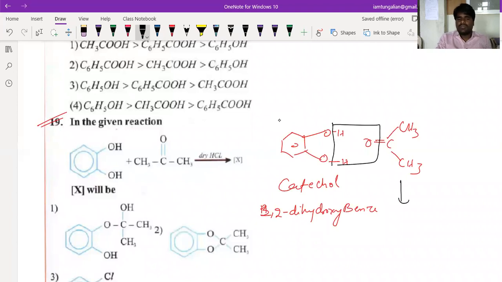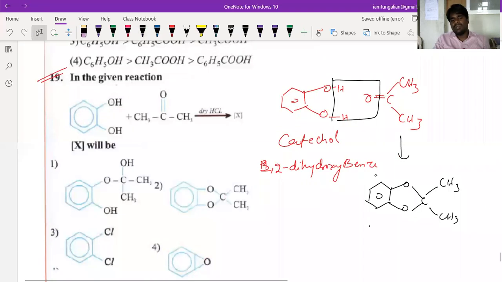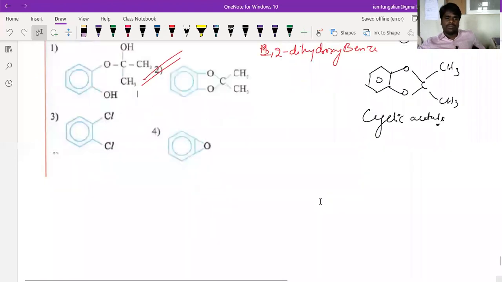So it results in the formation of this compound. This is called a cyclic acetal. So what will be the product? What should be the answer? The answer is 2.